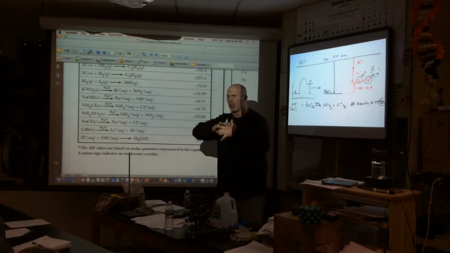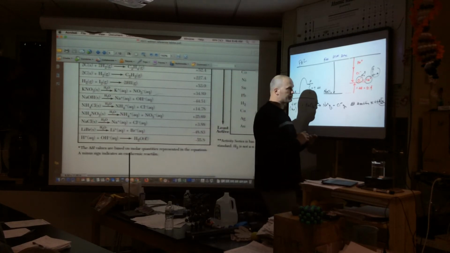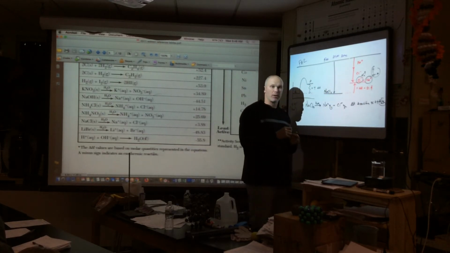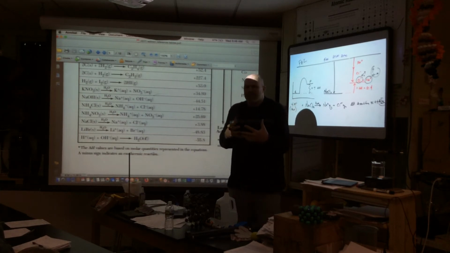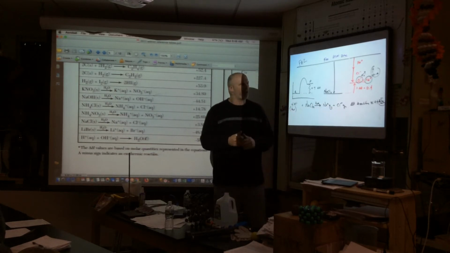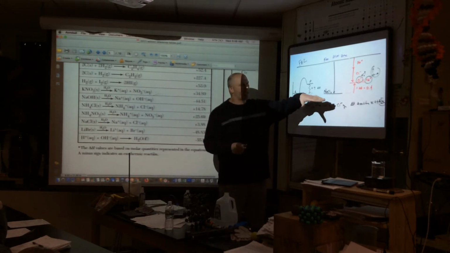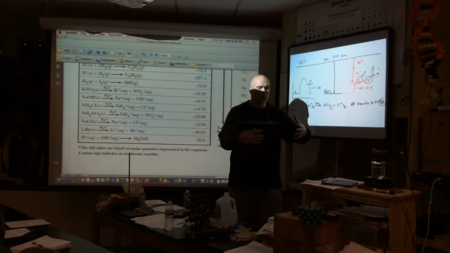It attracts it more. If we have an endothermic salt like this one, water has a tough time attracting it. It does attract it, but the attractions aren't as strong. This is not a more stable scenario, and that's why it takes energy to create that. It's all about the ions, the size, Coulomb's law.